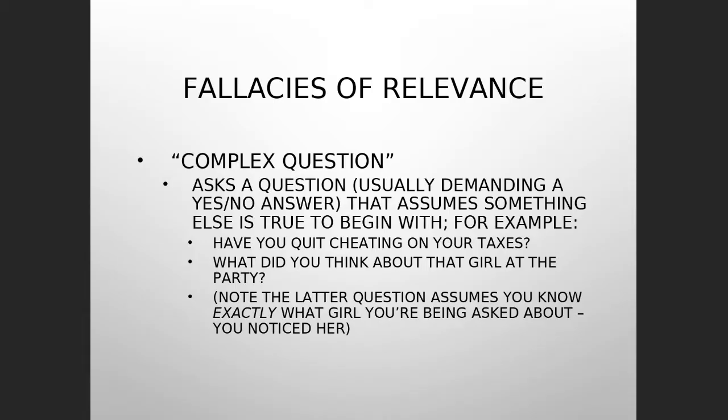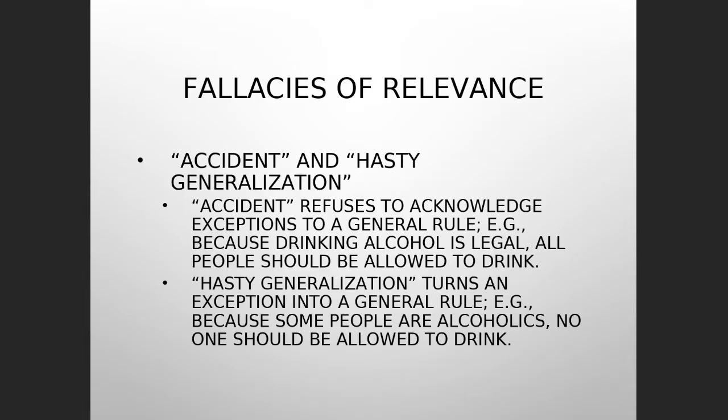You are allowed to refuse to answer questions like this. You can say, that's a dishonest question. All right. Accident and hasty generalization kind of occur in pairs. Accident refuses to acknowledge exceptions to a general rule. Because drinking alcohol is legal, all people should be allowed to drink.